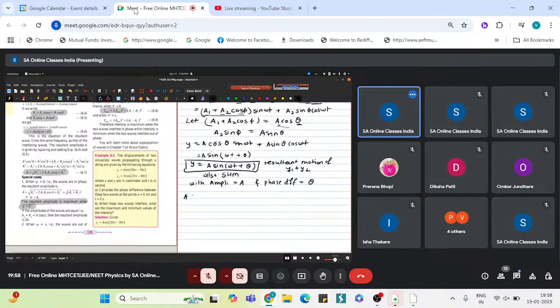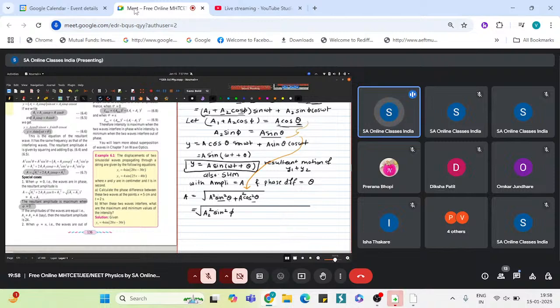We want to find A, and we can write this as the root of A square sin square theta plus A square cos square theta, because sin square plus cos square is just 1, and then it will be the root of A square, which is A. But we have these values, A sin theta and A cos theta, so we substitute them here. The root of A square sin square theta is the square of this, A2 square sin square phi.